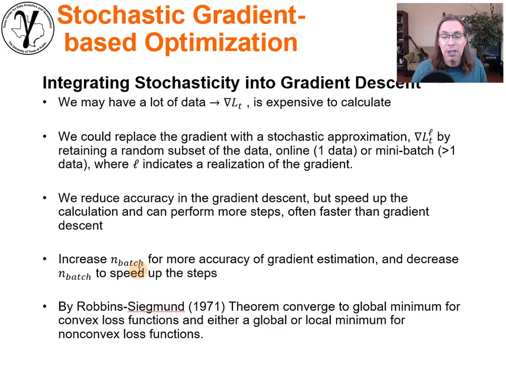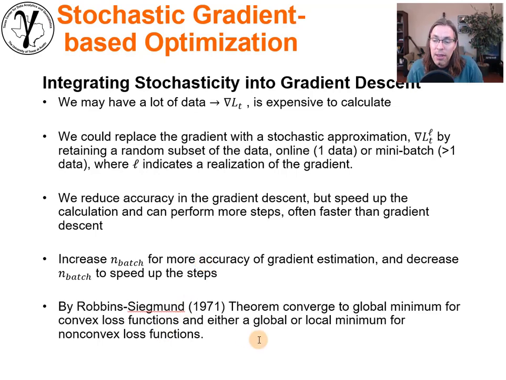Now we've got to make a choice. If we're going to do mini batch, which we often do, we're going to choose to have so many data within a batch, and we'll balance it. If we put more data in a batch, we get a more accurate estimate of the gradient, but it's slower runtime for a cycle. If we decrease the batch size, we speed up the steps, we can do more updates more quickly on the location.